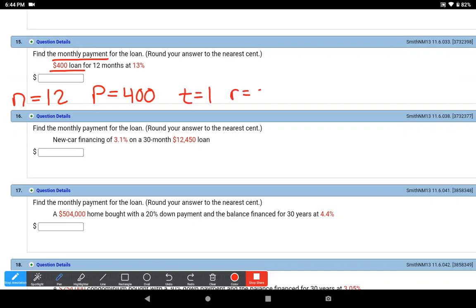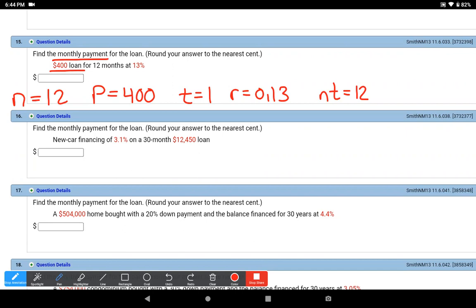R equals 0.13. NT is 12, right? And then I think maybe I did multiply. Let me see. I don't think I did, but I might have, right?